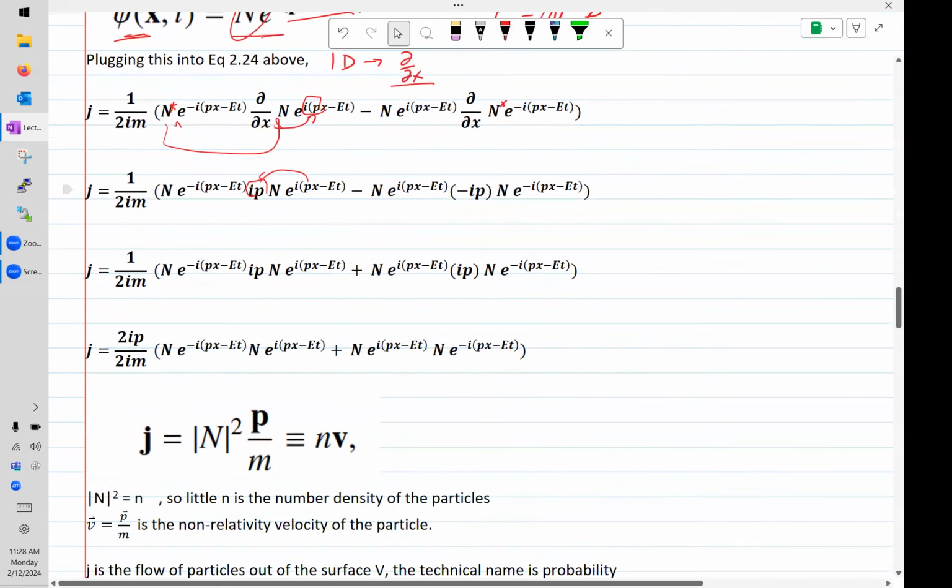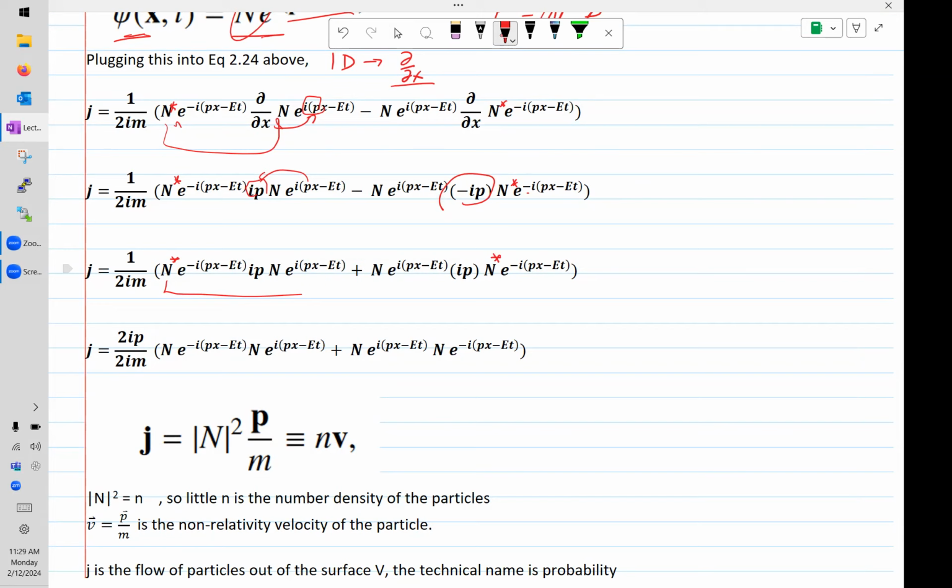Because you're only doing the derivative with respect to x, and the derivative of e to the ax is a times e to the ax. Similarly, you have a minus ip coming down here. And the neat thing is that when you multiply all these things together, you put the n's together. I lost track of which one has the star, which one doesn't, but it doesn't matter.